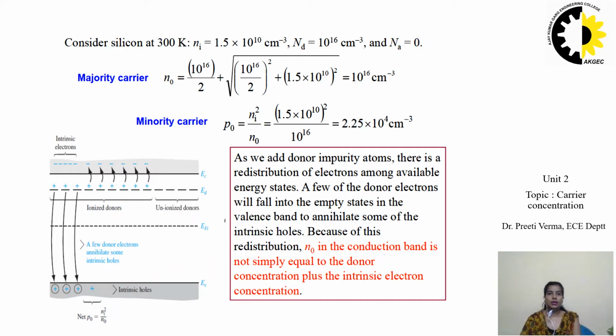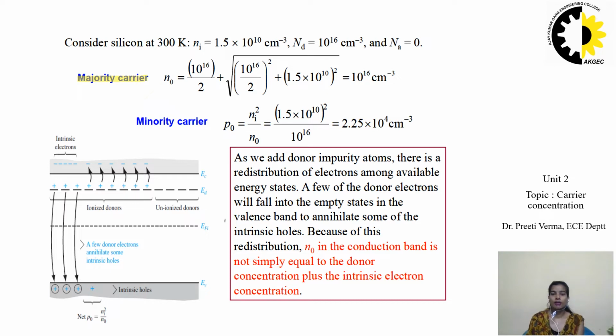This is a simple direct formula-based example that we can use to practice for understanding the previous expression. Consider silicon at 300 degrees Kelvin having ni as 1.5 times 10 raised to the power 10 per centimeter cube, Nd equal to 10 raised to the power 16 per centimeter cube, and Na equal to 0. The majority carriers we can calculate using the previous formula.